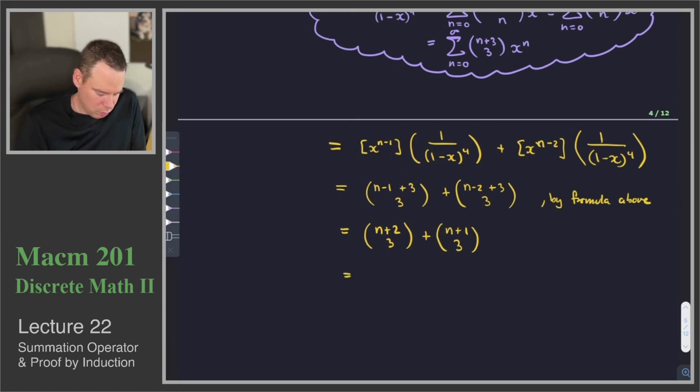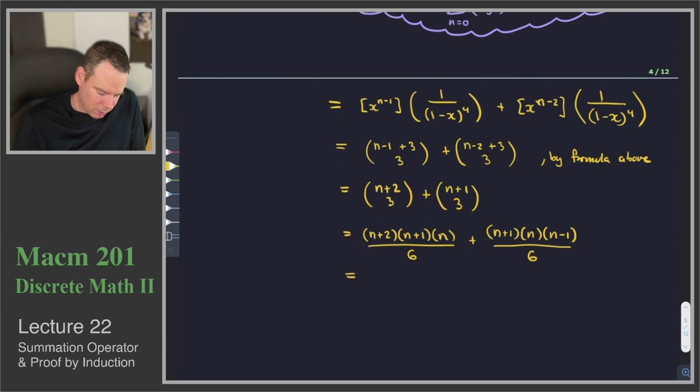So n plus 2 choose 3, that's n plus 2 times n plus 1 times n divided by 3 factorial, which is 6, plus n plus 1 times n minus 1 divided by 3 factorial, which is 6.